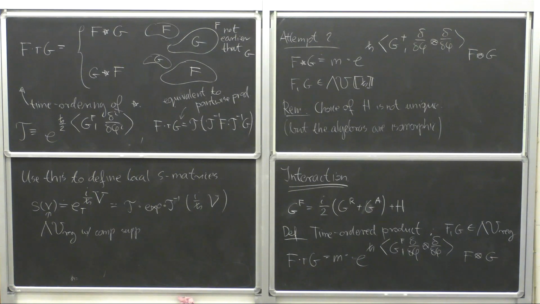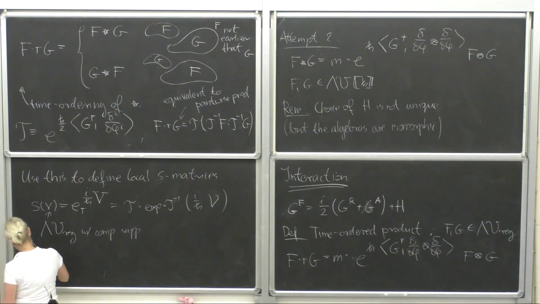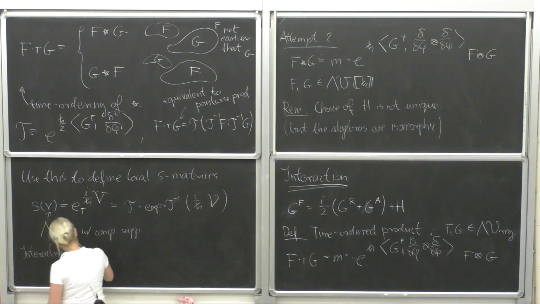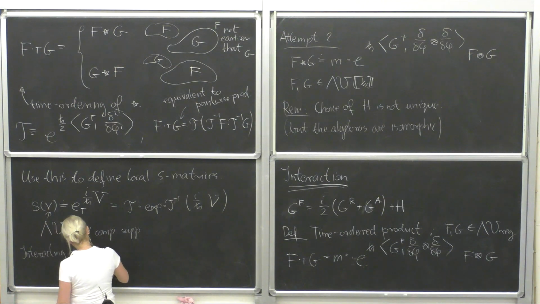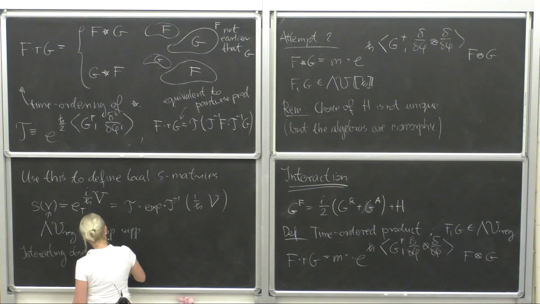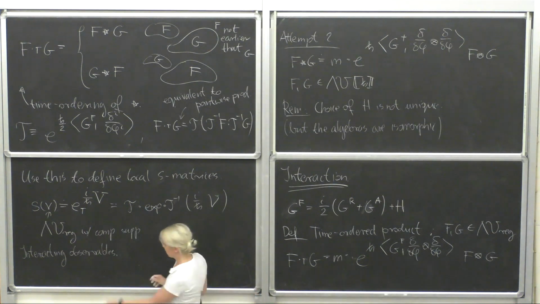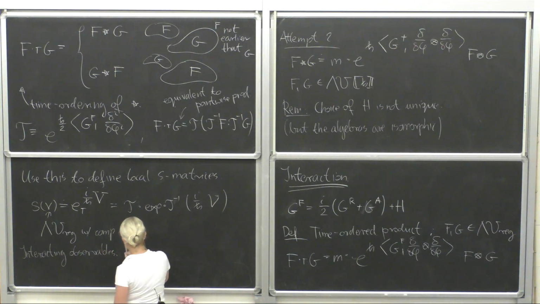Okay. Aha. So that's something slightly related to physics language. I give you one better. I can also define interacting fields, or maybe more precisely, interacting observables. If I want to compute the correlators of interacting observables, this will come in handy.